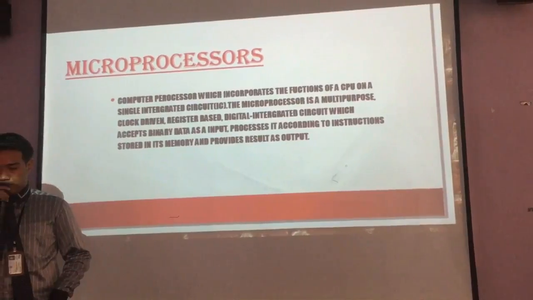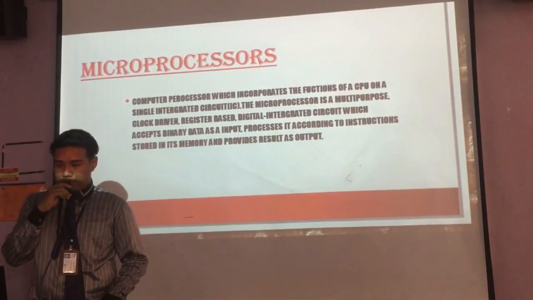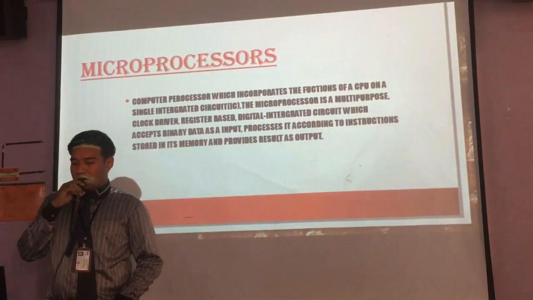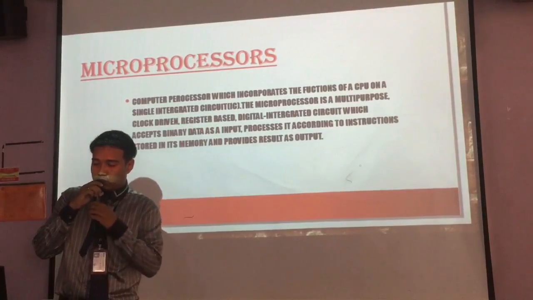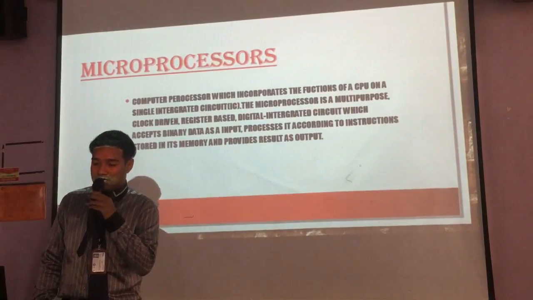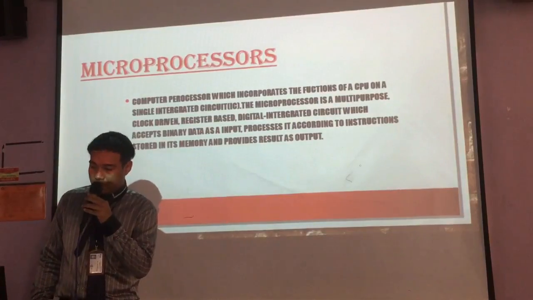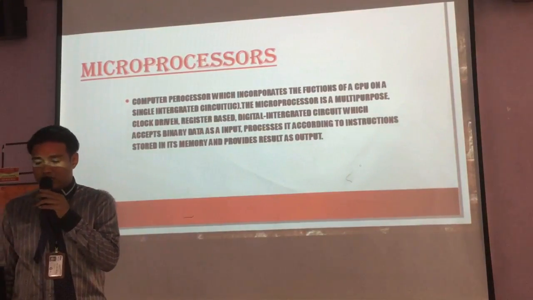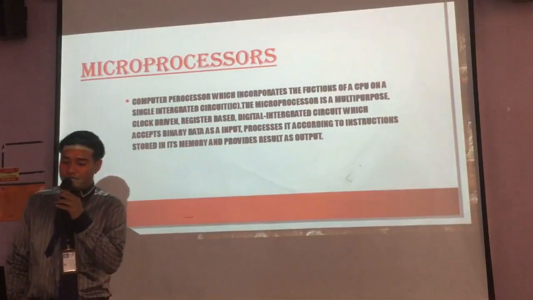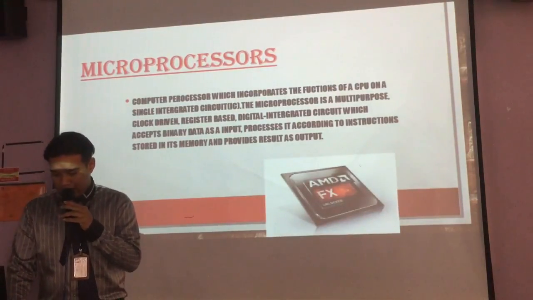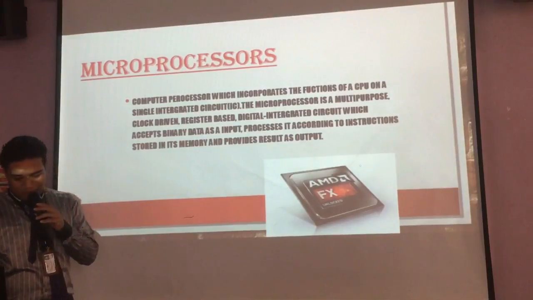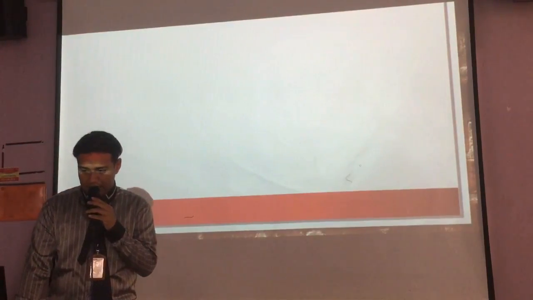The microprocessor is a multi-purpose, clock-driven, register-based digital integrated circuit which accepts binary data as an input, processes it according to instructions stored in its memory, and provides results as output. That's an example of a microprocessor.